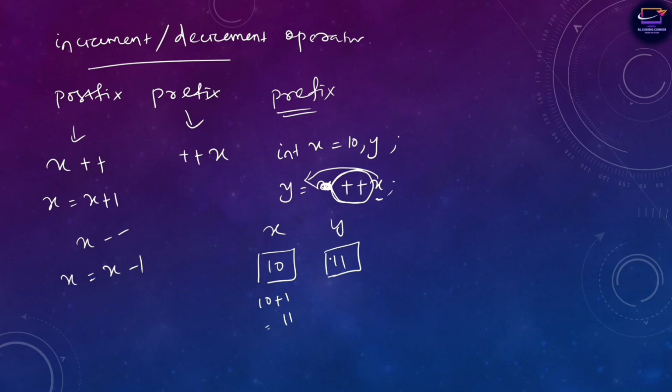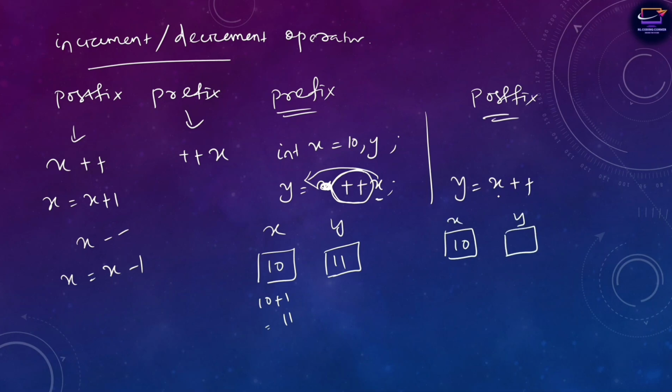The same will be performed with the decrement operator if you use the minus minus operator. Here also, if I write y equals to x plus plus, that is for postfix. In the same example, y equals to x plus plus. So in x, I have 10 and in y, nothing. So after the equal to operator, there is the variable.